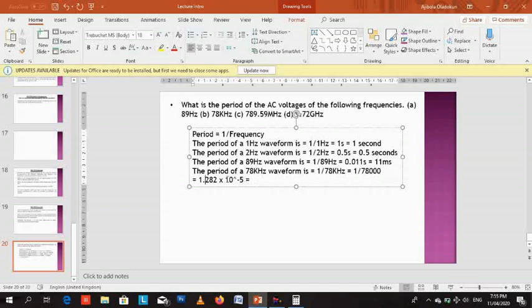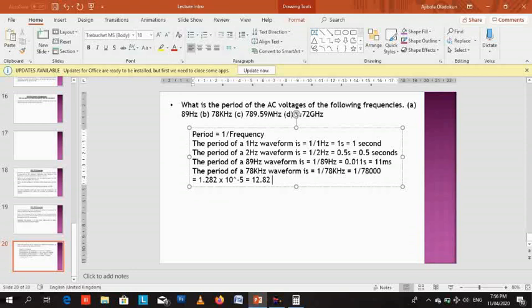Let's see if we can convert this to maybe milliseconds or microseconds. If we look at this, we can shift the dot to the right 3 times, 1, 2, 3, or shift it once.